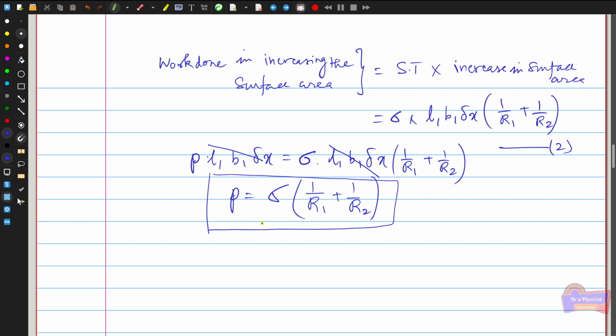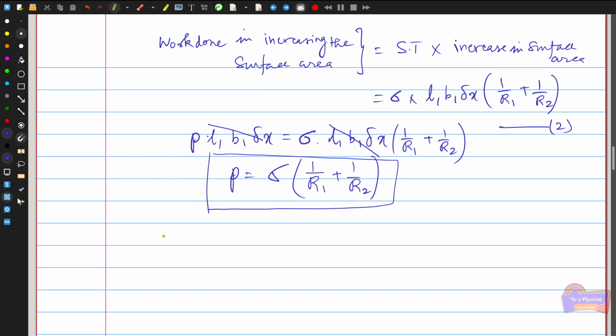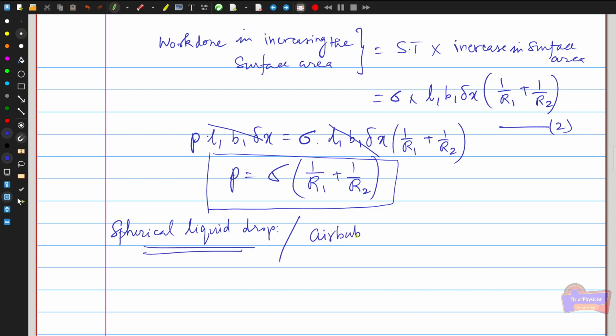The excess pressure inside any particular surface can be deduced from this equation. Suppose you consider a spherical liquid drop, or you can consider an air bubble in a liquid.